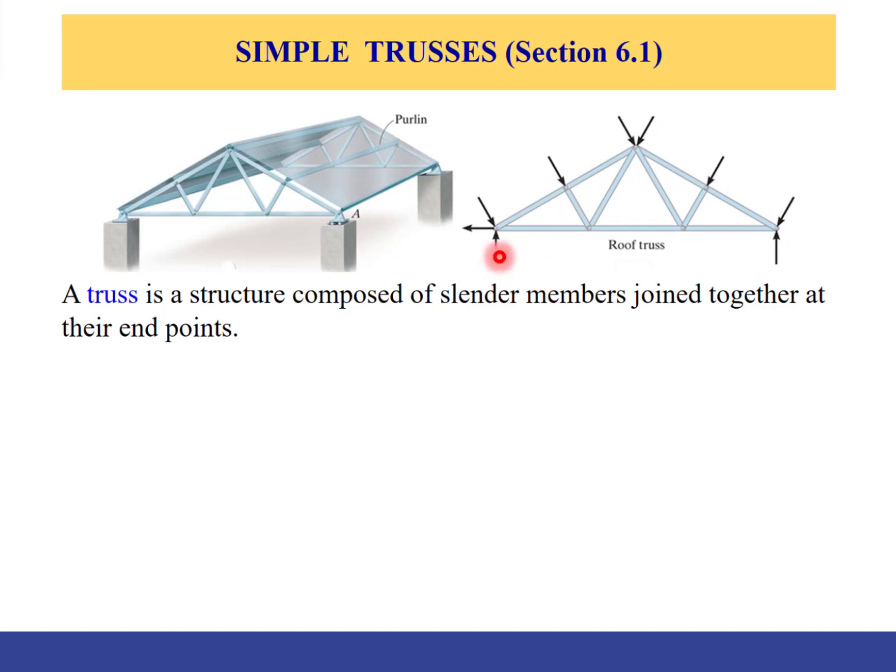And this structure has loading coming, which is represented by forces acting on the pins. As you can see here, we haven't added any external load anywhere between the pins, rather we just assume these loads are on the pins.